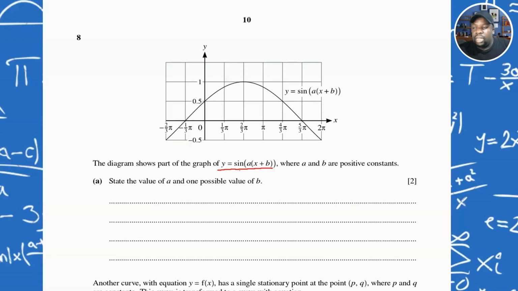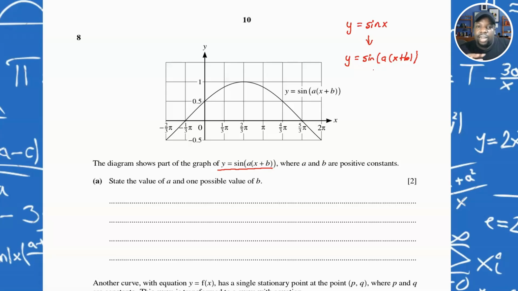All right. Now, we can say that the graph has been derived from the original sine graph, which is y is equal to sine of x, right? And we can see here that the only transformations that are taking the graph of y is equal to sine x to y is equal to sine of a of x plus b are x transformations.